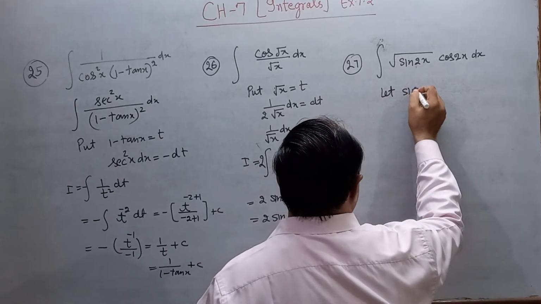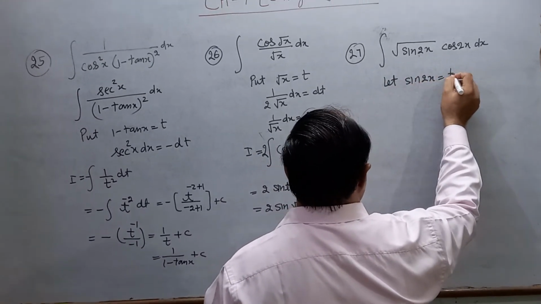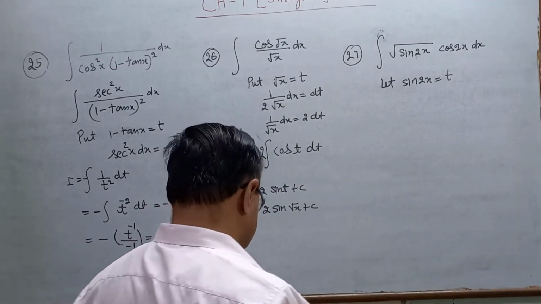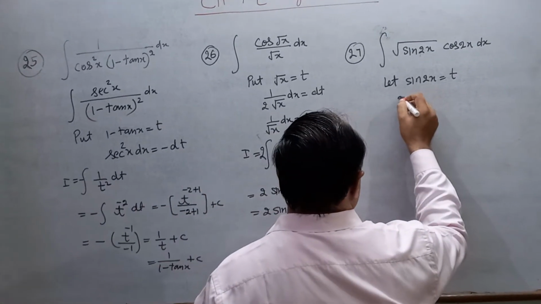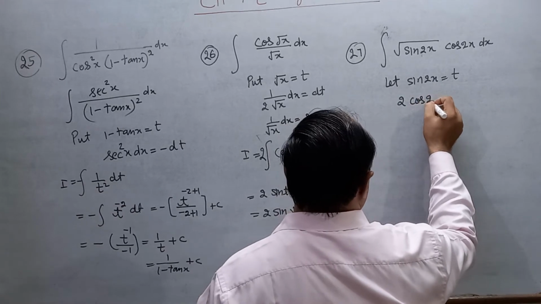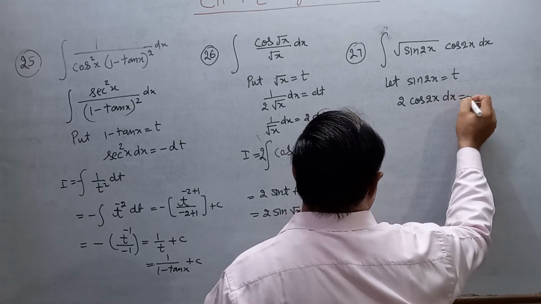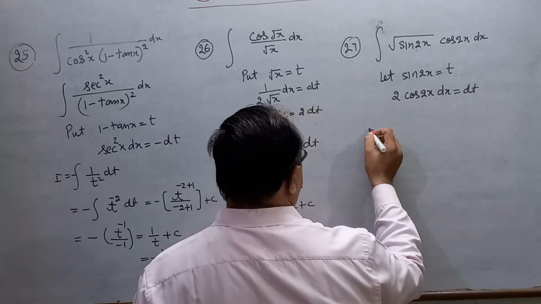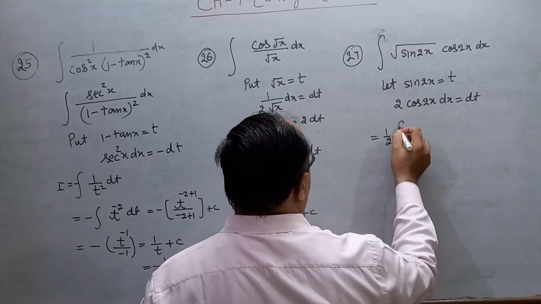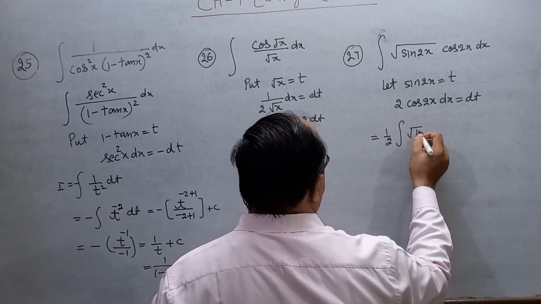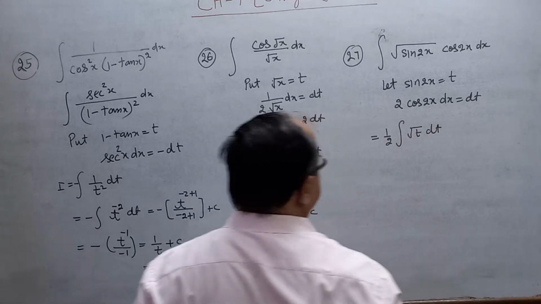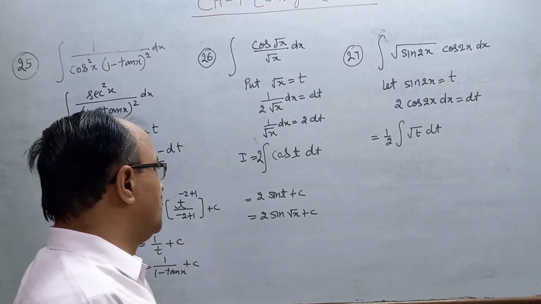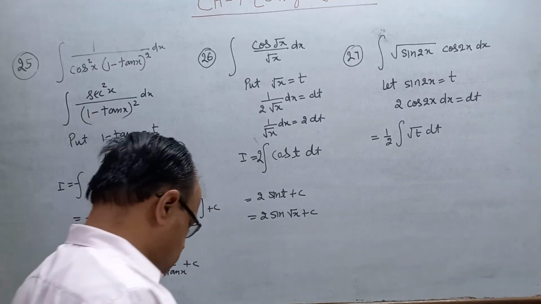Let sin 2x is equal to t, and the derivative of sin 2x, that is 2 cos 2x dx is equal to dt. This quantity, extra quantity, shift here. You can write 1 by 2 root t dt. Integration of root t, further you can solve.